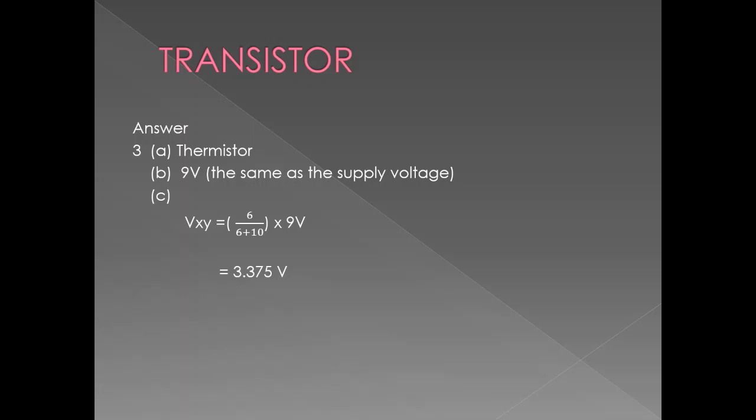So the potential across XY over 9 volt is equal to the resistance across XY, which is 6, over the total resistance from X to Z, which is 6 plus 10. Okay, so use the calculator, you should get the answer 3.375 volt.